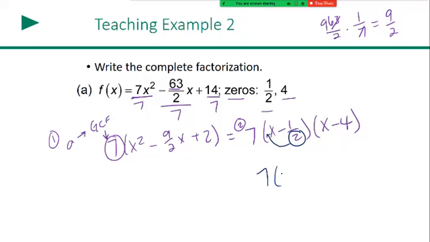So then it becomes 7, 2x minus 1 times x minus 4. I think it's bottoms up. So when you have a fraction as a factor, just remember bottoms up. So you move the bottom to be your leading coefficient.